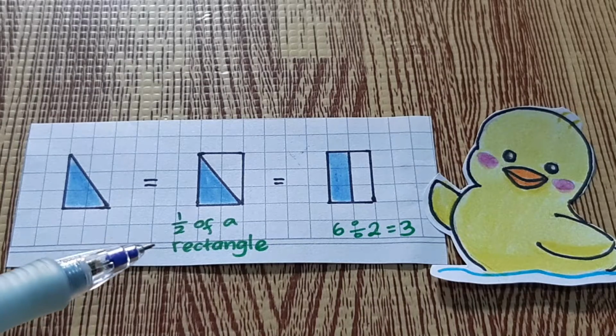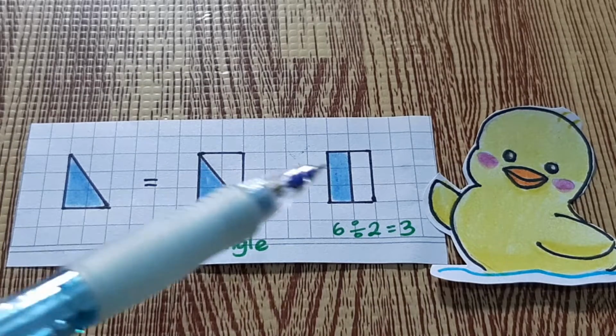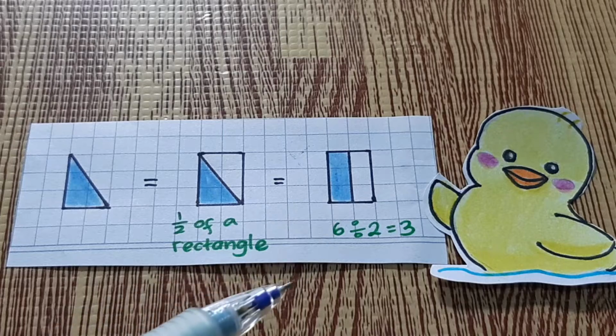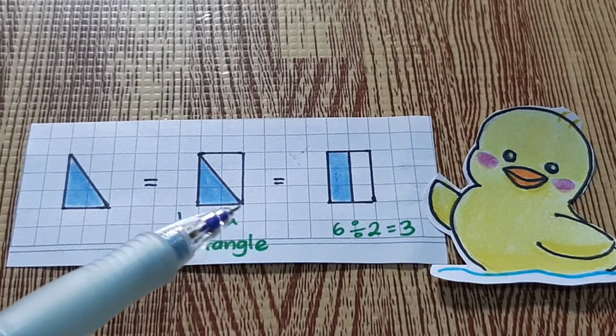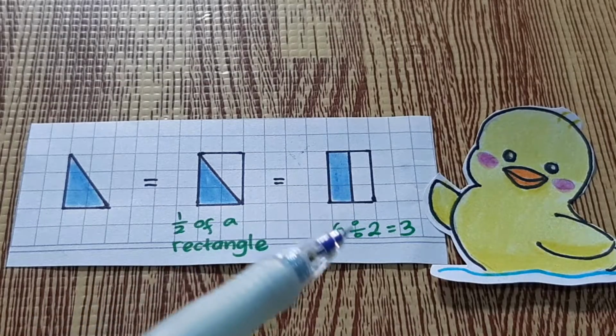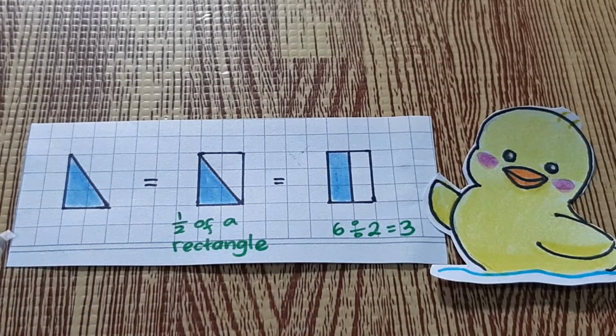And then half of the rectangle, you change it like this. So, how many rectangle? 1, 2, 3, 4, 5, 6. 6 divided by 2 equals to 3. So, this triangle is actually 3 squares.